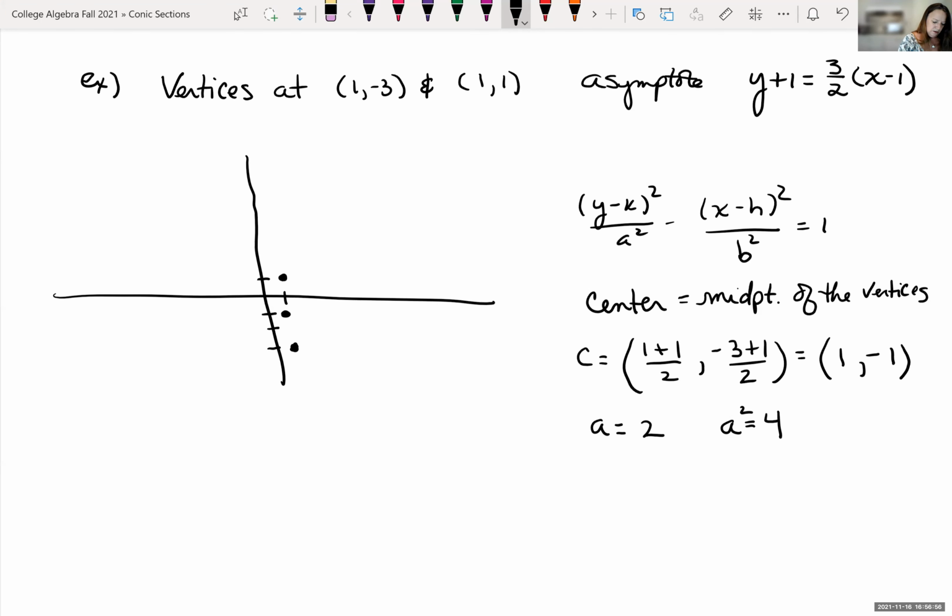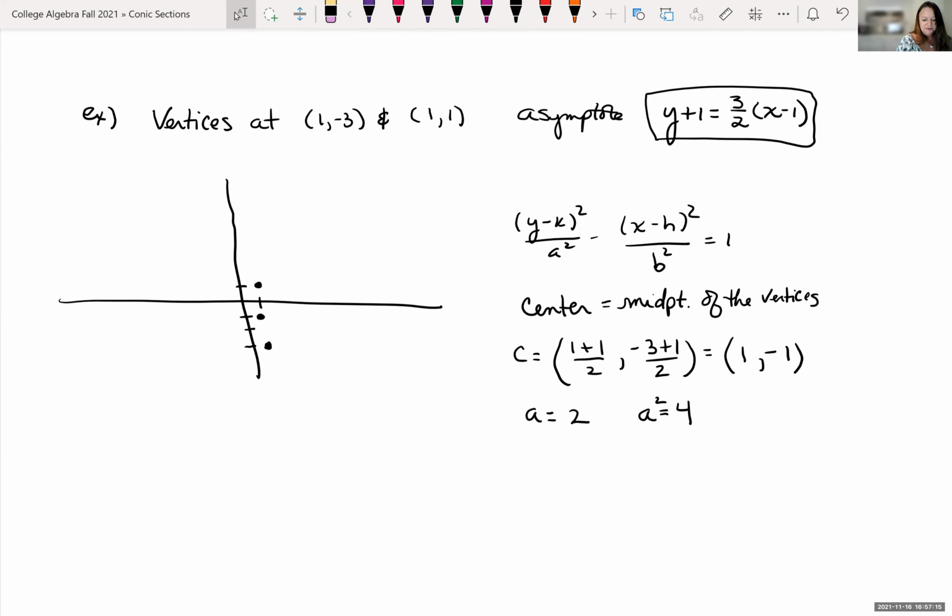Let's graph this. So I'm looking at this. We can distribute, but I'm also noticing that this is in the point slope formula, in the form of y minus y sub 1 equals our slope m times x minus x sub 1. So here I can tell that I have a point at -1, 1.